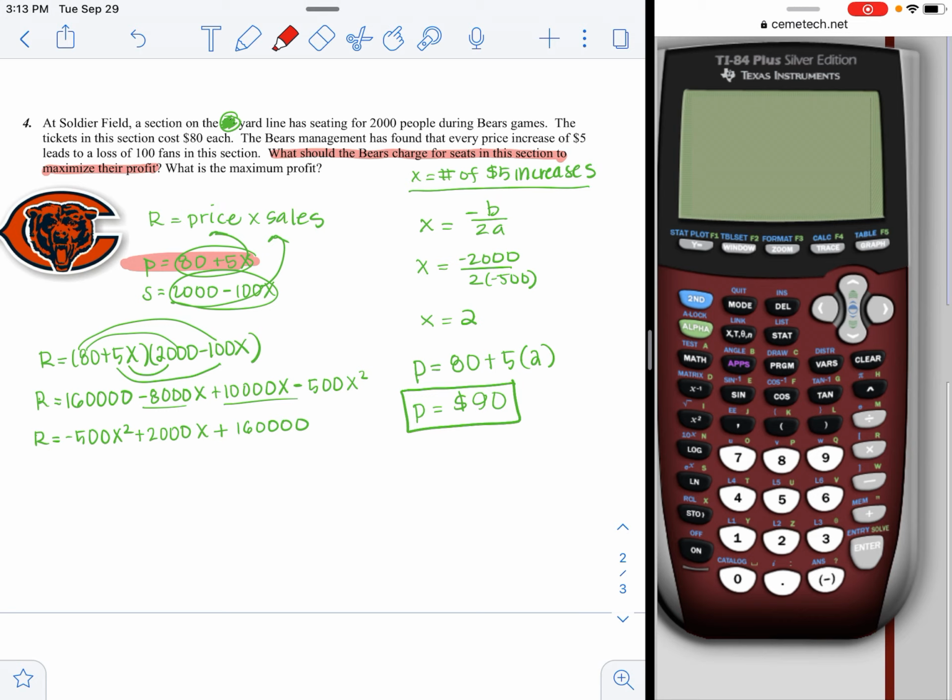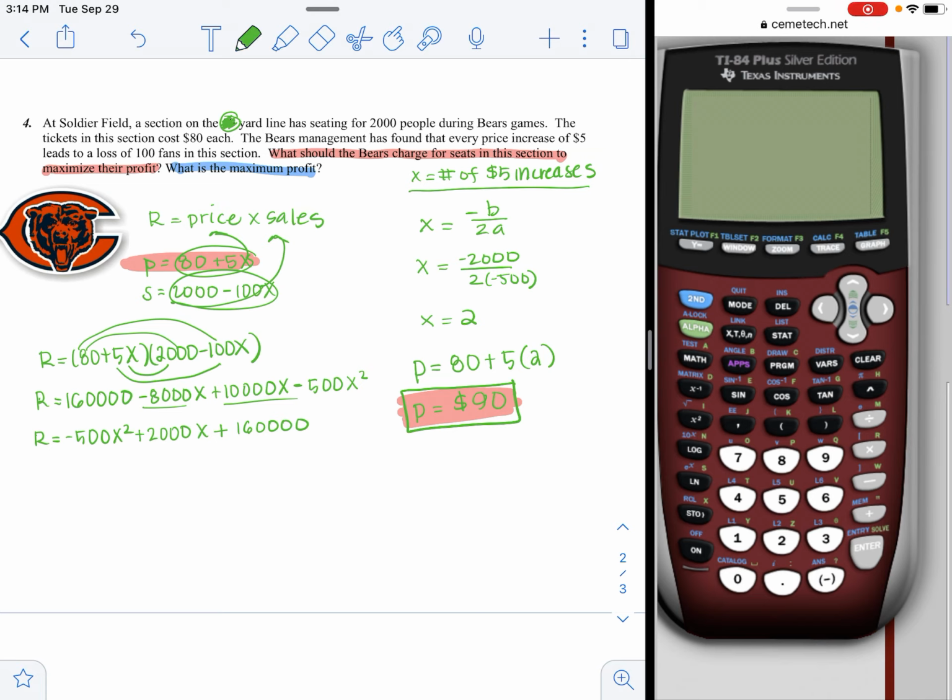So please make sure when you're doing these, you think, because you couldn't even imagine how many answers of 2 I get, like just the number 2, $2. And it's like, no, that's what X is. We want P.